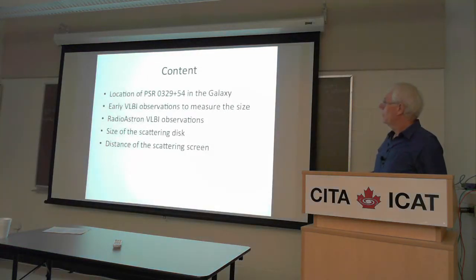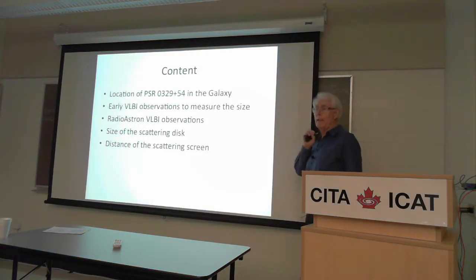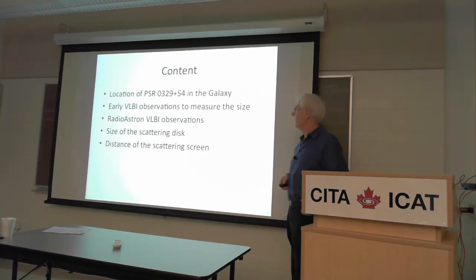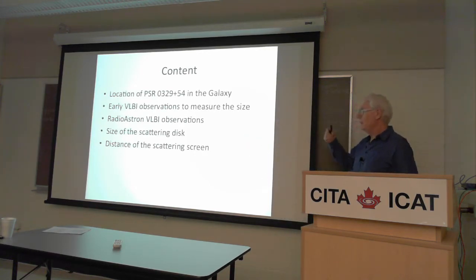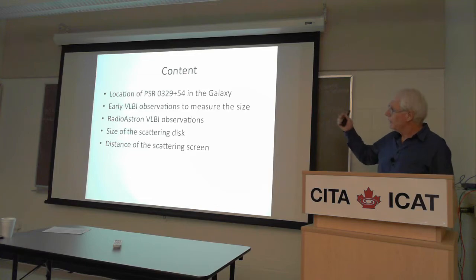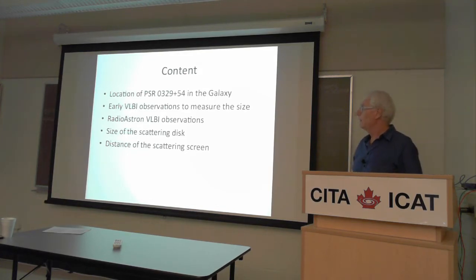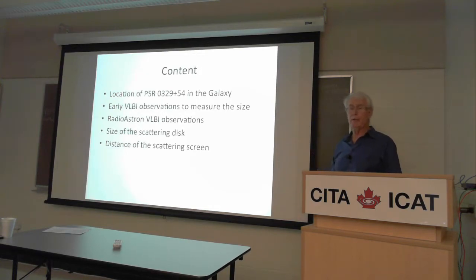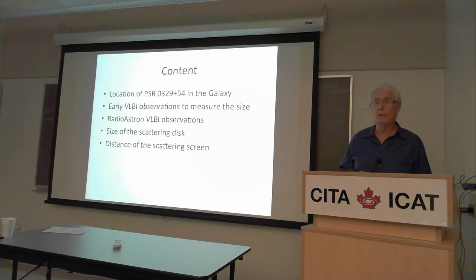I would like to talk first about where the pulsar is located in our galaxy, so that we see the environment as part of the spiral structure of the galaxy. Then I'd like to go a little into history and tell you what early VLBI observations resulted in when the scattering size of the pulsar was to be determined.